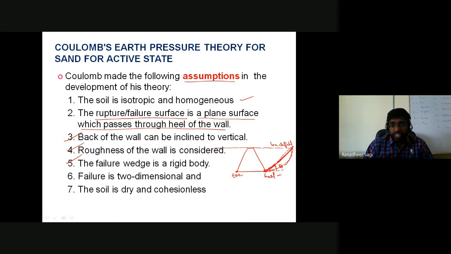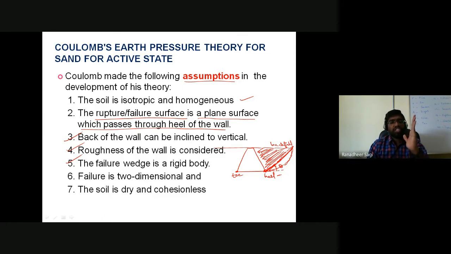The failure wedge, this particular wedge which we are trying to talk about, is a rigid body. We consider that portion of the soil wedge which is trying to slide because of the movement in the retaining wall. If the retaining wall is moving away from the soil, then that soil wedge is going to slide in the downward direction.